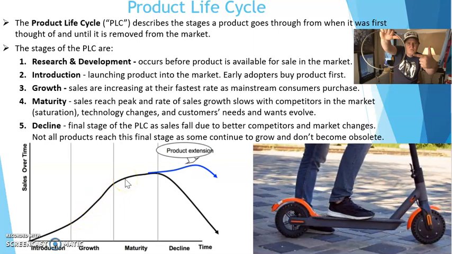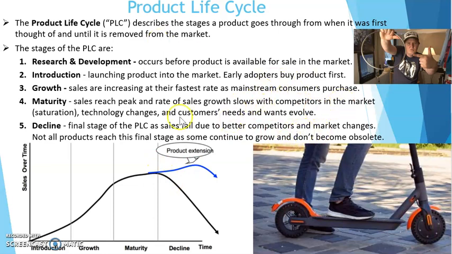Now then, once that growth stage is finished, we're moving into the maturity stage. We can see that sales are increasing, but at a much slower rate. And they also reach a peak, and this might occur at the back end of that maturity phase before they actually start to taper off or decrease slightly.